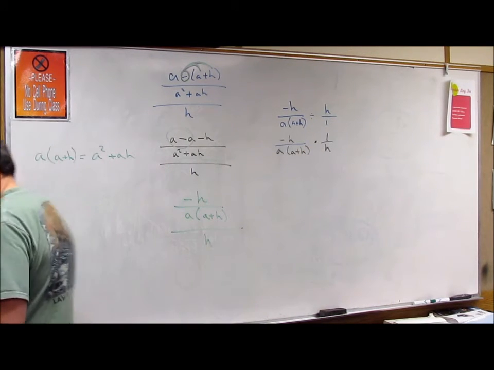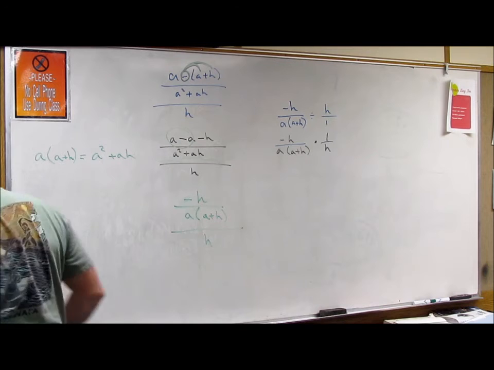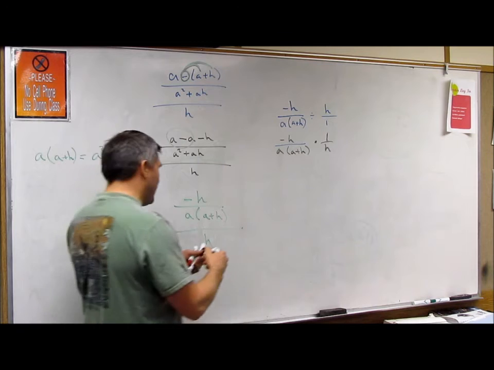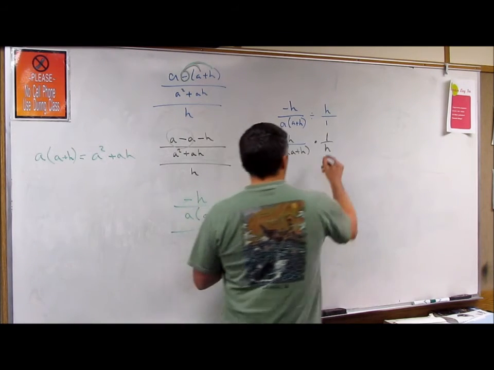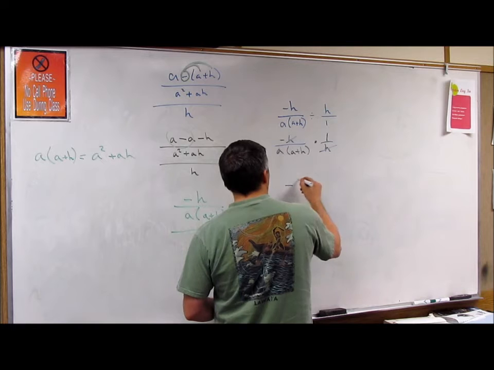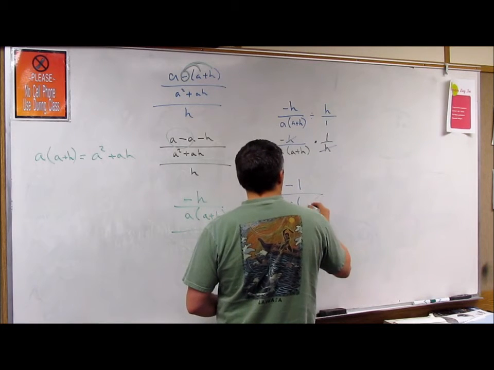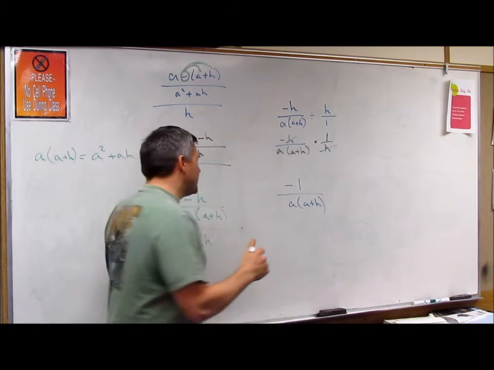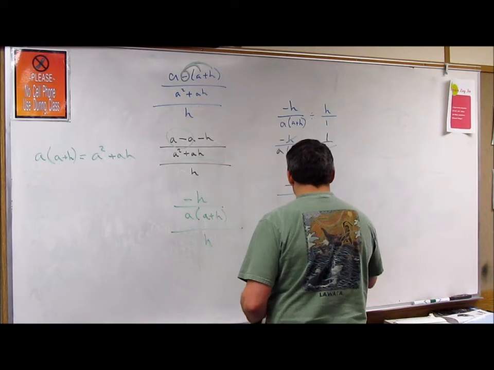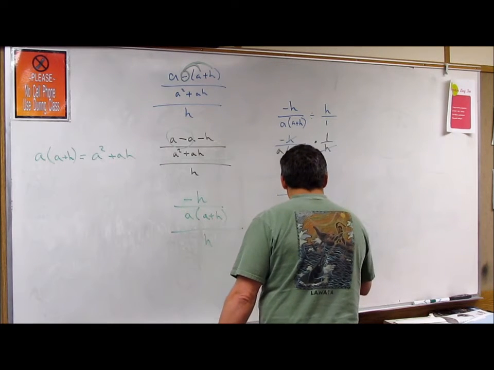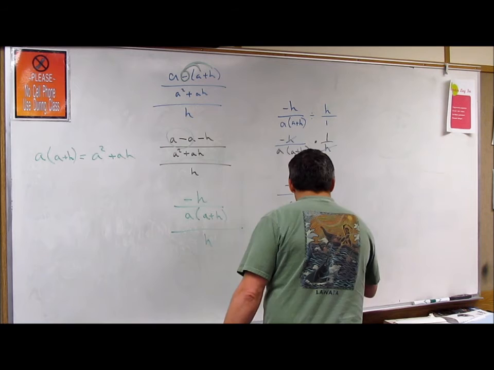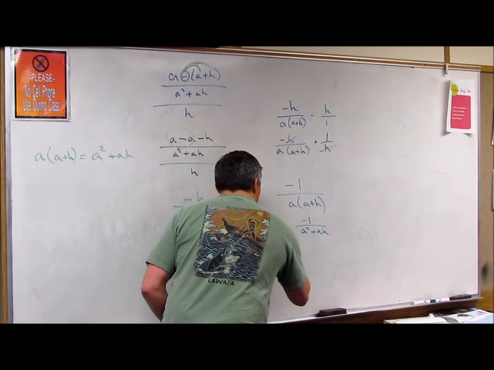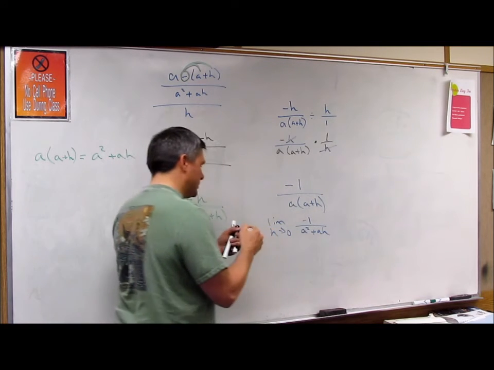So negative h over a times a plus h, times 1 over h. Okay? Then I cancel out these h's, and I get negative 1 over a times a plus h. Or in other words, negative 1 over a squared plus ah, which is really important to see because this is a limit as h goes to 0, right?